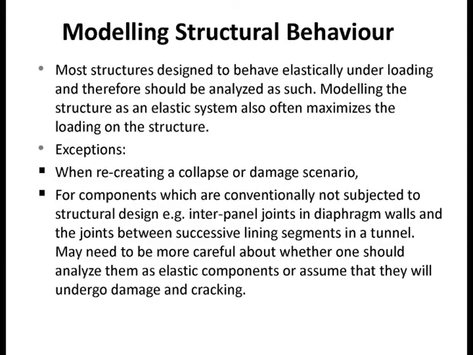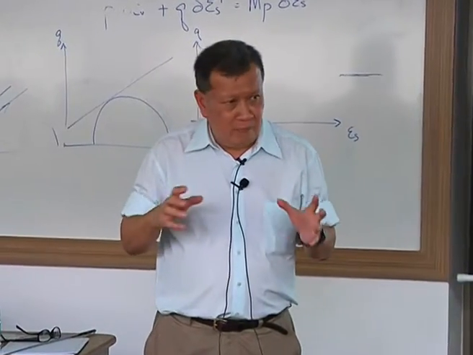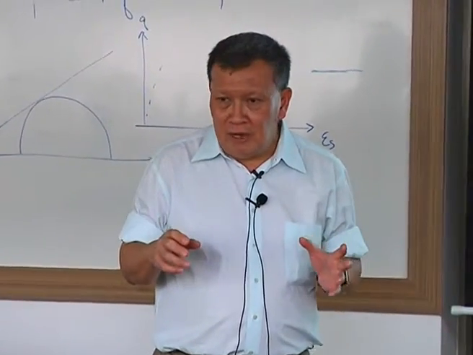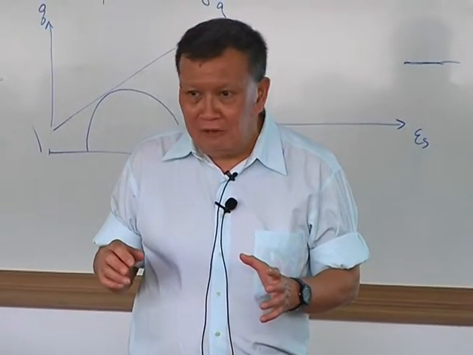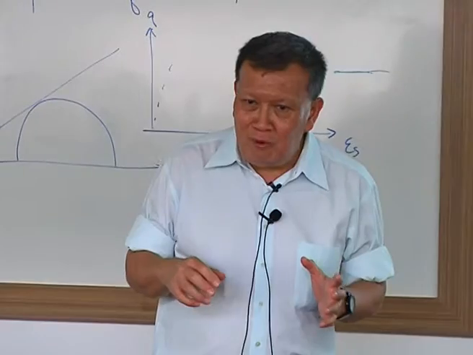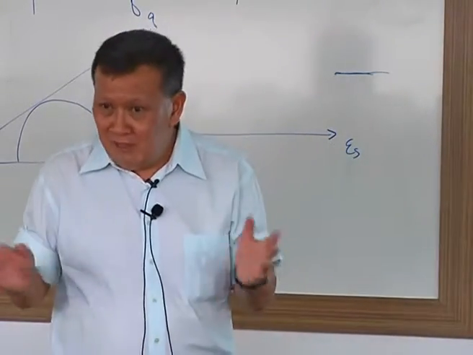If you want to model a structure as an elastoplastic material, then you have to watch for the plastic hinges and where it yielded. Because if you ever tell the client the diaphragm wall has yielded, I can tell you, he will tell you stop work straight away. Almost immediately you will stop work. There's no second thought.